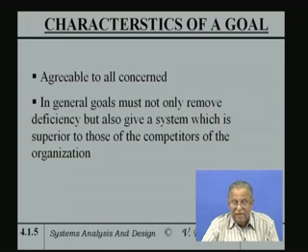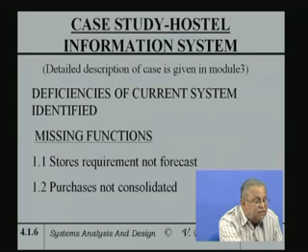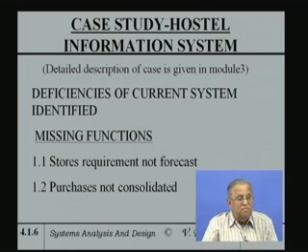And we discussed a case study of improving the operations of a hostel mess last time, and we found out a number of deficiencies in the current system of the mess.